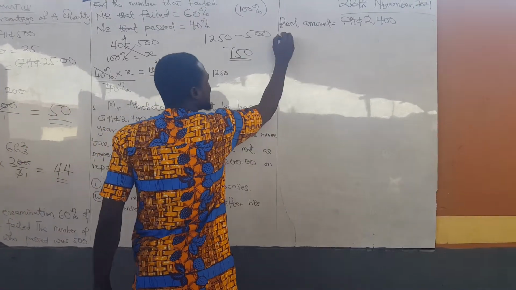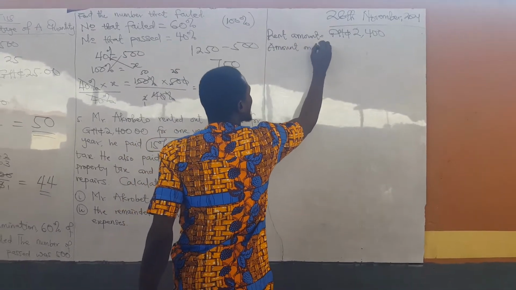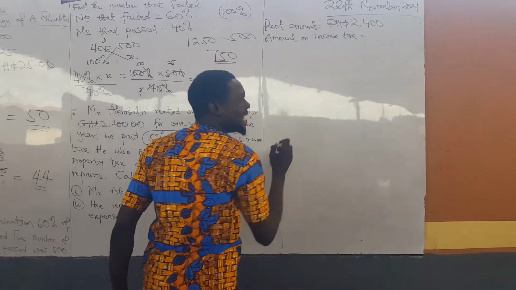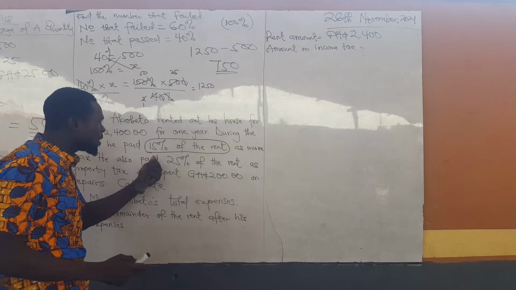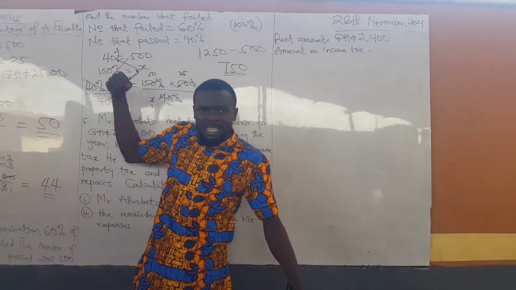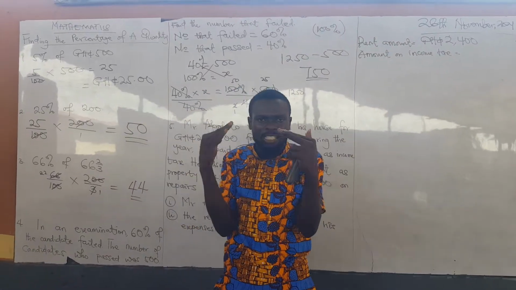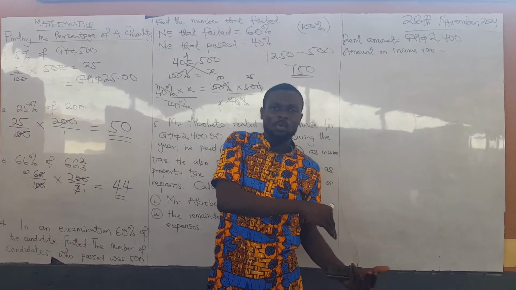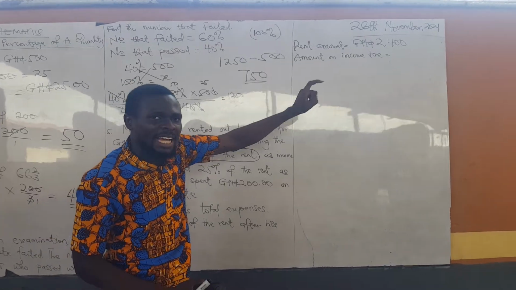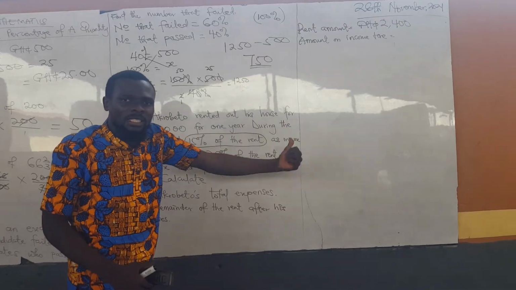So we have to find the amount on income tax, which is 15% of the rent. This is finding the percentage of a quantity: you just multiply the amount by the percentage. So to get the amount on income tax, we are going to calculate 15% of the rent. What is the rent?